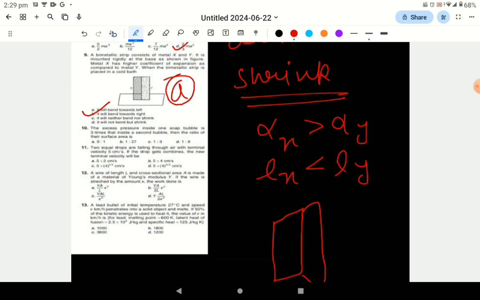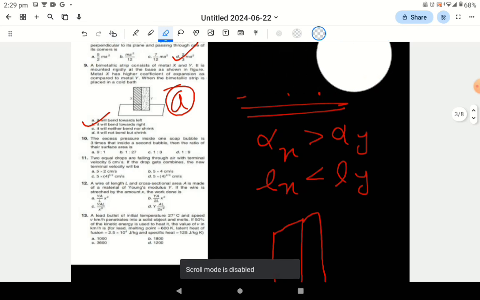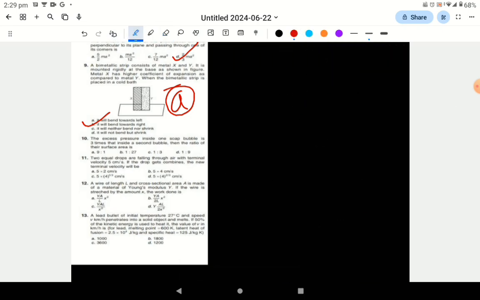Now question number 10. The excess pressure inside one soap bubble is 3 times that inside a second bubble. Then the ratio of their surface areas is? The formula for excess pressure for a soap bubble is 4S by R. We are saying the excess pressure in the first is 3 times that of the second, so 3p1 equals p2.